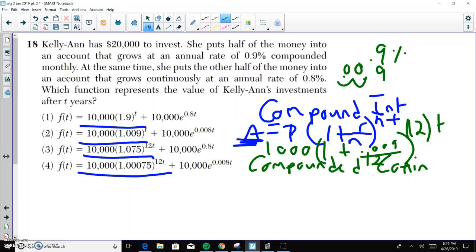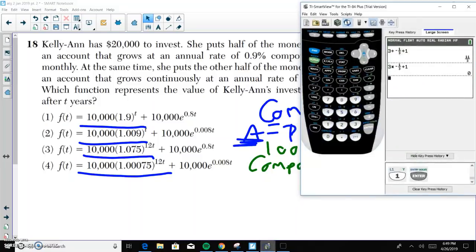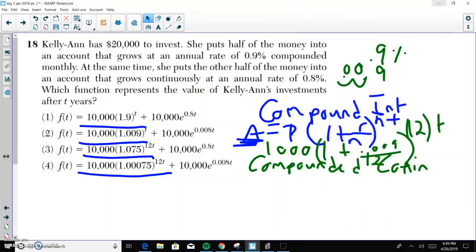So, knowing that, we're going to plug into our calculator what's in parentheses, to know which one we're going to get. 1 plus 0.009 over 12. We're going to get 1.00075. So choice 4 is clearly your answer.